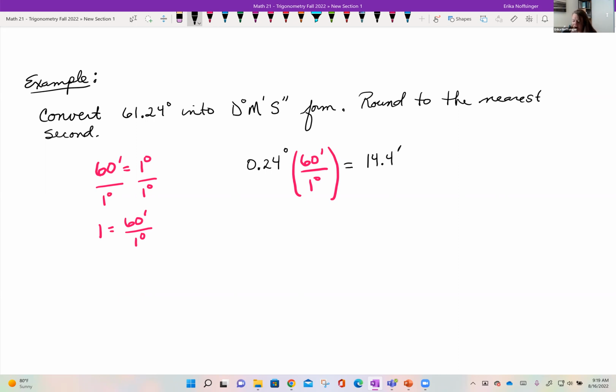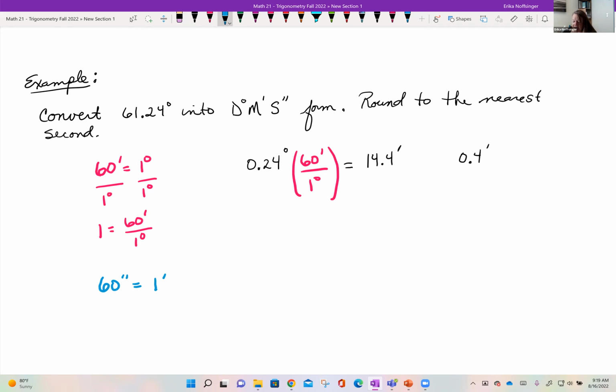The problem is that we have 0.4 minutes, so we have a part of a minute, and we want to convert that into seconds. Ignoring the 14 minutes, let's go to the 0.4 minutes and convert that to seconds. We know that 60 seconds is equal to 1 minute.